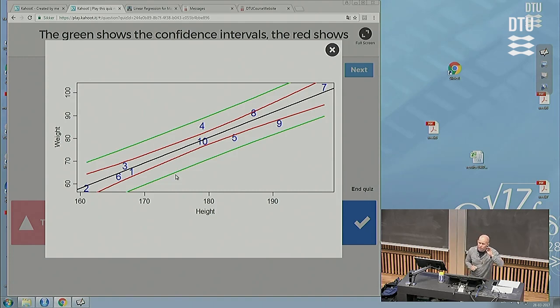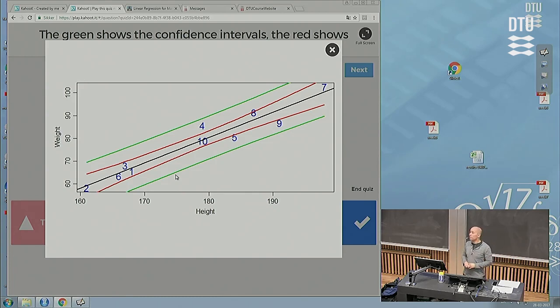I should maybe say subpopulation mean weight for people of 175 centimeters. That's a pretty magic thing of a linear regression model, that even though I didn't sample even a single person of that height, I still have a model that allows me to estimate the mean weight of such people, even though I didn't even measure one of the guys.